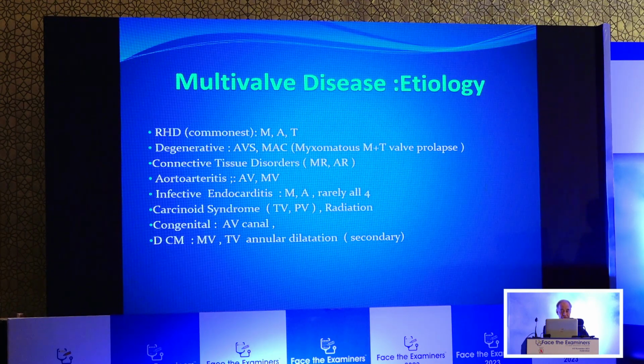Degenerative heart disease is not uncommon, particularly in the Western world and even in our country, we are seeing a lot of degenerative disease. There is a lot of degenerative aortic valve stenosis being seen these years, and with degenerative aortic valve disease there can be involvement of the mitral valve in the form of mitral annular calcification.